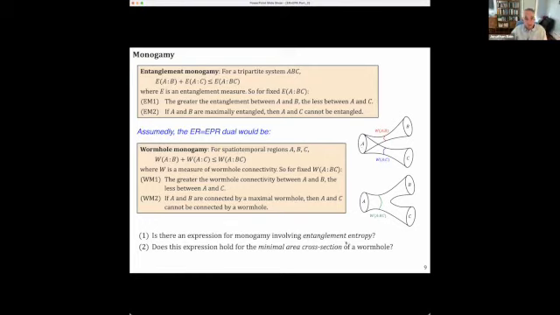So is there a way of extending the concept of entanglement entropy in such a way that we can impose this monogamy constraint on it? And if the answer to one is yes, then the subsequent question is, does the resultant expression hold for the minimal cross-section of a wormhole?